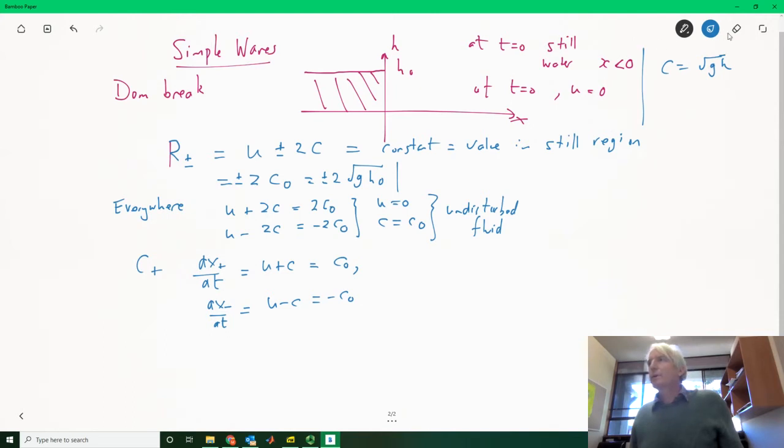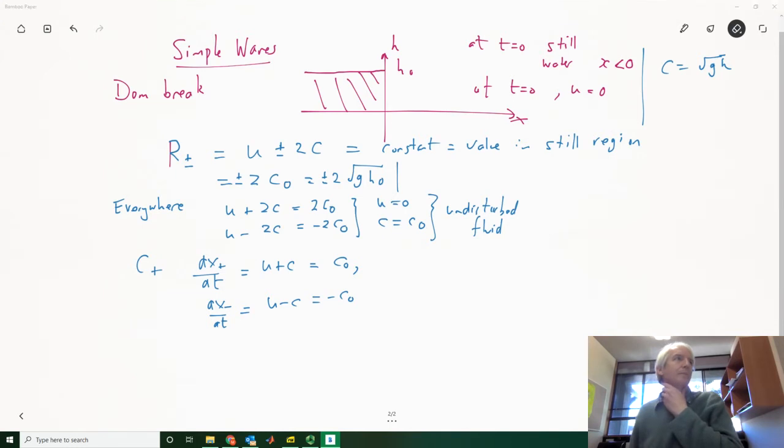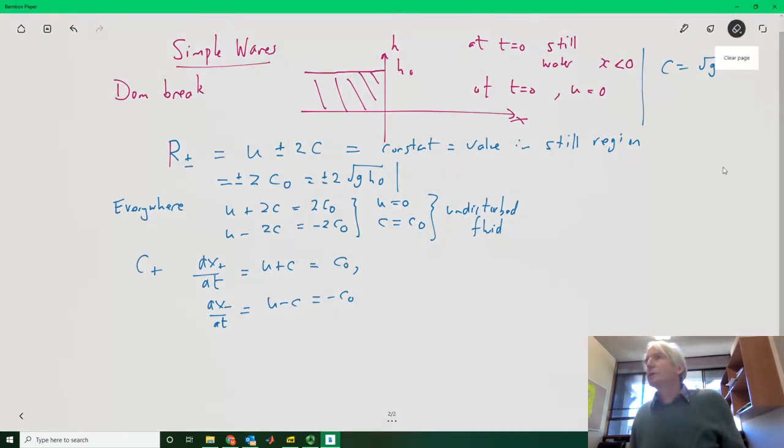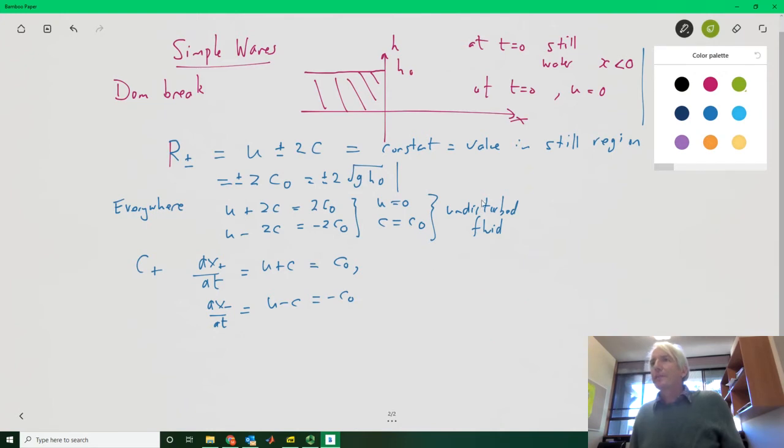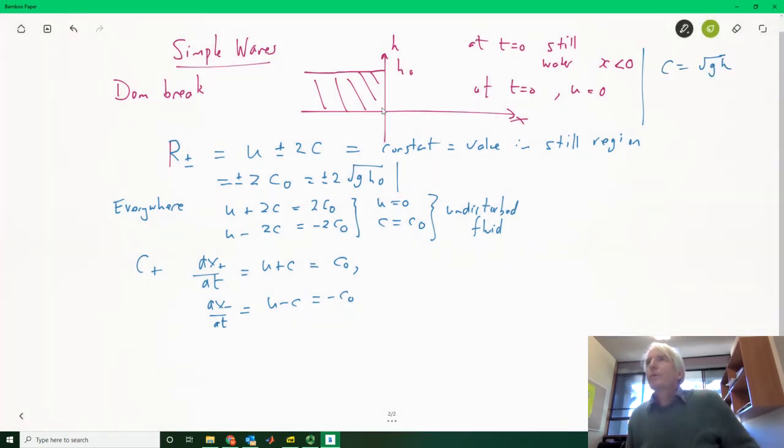So I'm just going to try and make some space here to draw. I'm going to draw on the page here, maybe with this green colour. So the minus characteristics, c minus, have constant slope and they come up from here. Now we're changing this to be the t-axis, not the x-axis.